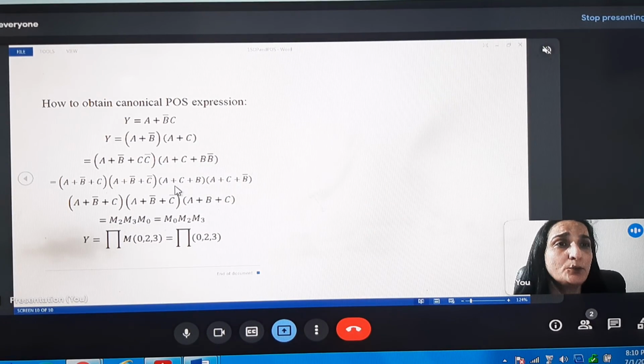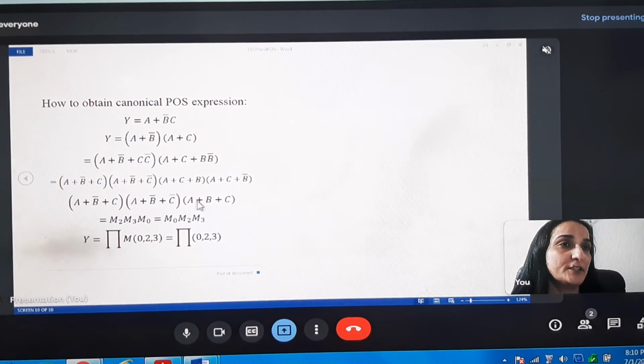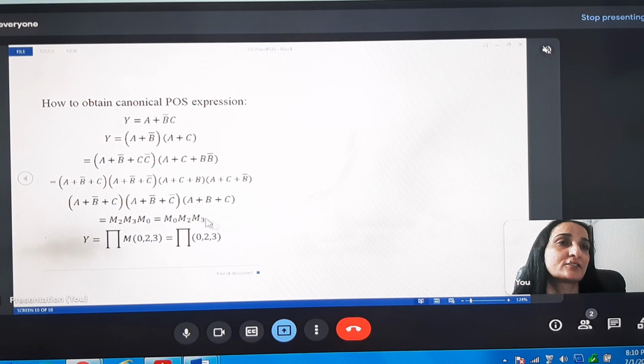OR gate is commutative and associative, so write it once because A dot A is always equal to A. Then the second term and third term. Now what you will do, arrange these variables so that you can write the subscript of the term clearly. A is the MSB, B is the middle term, and C is the LSB. So we can write it as A plus B plus C because OR gate is commutative and associative. Now write it in the max notation.